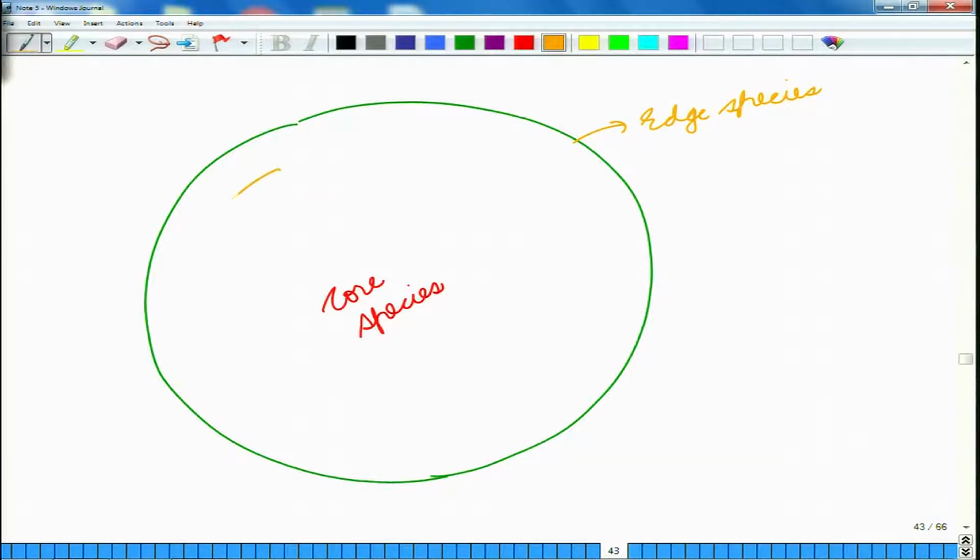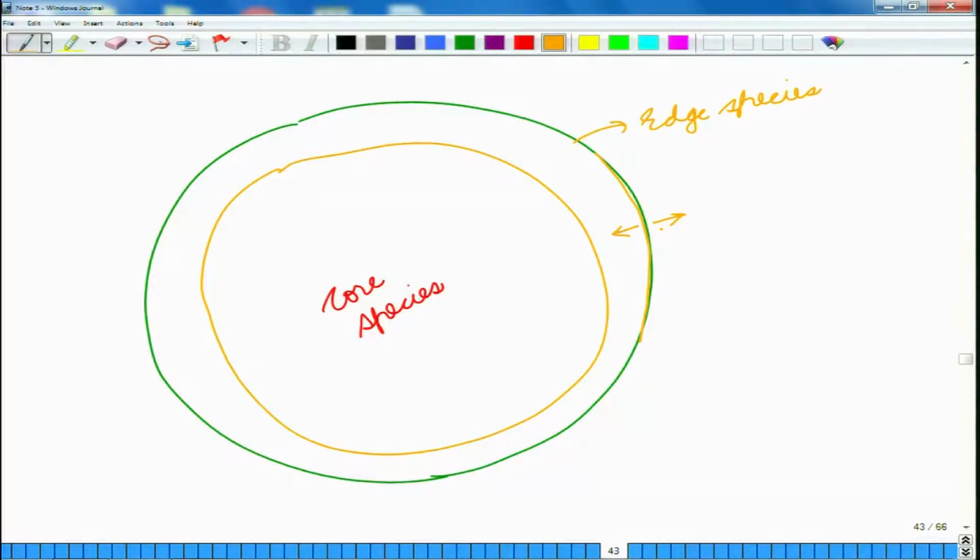A tiger would prefer those areas in which there is hardly any human disturbance, where there is hardly any amount of edge. So, it would remain in the center, whereas leopard is an edge species. It would move in these areas so that it can utilize the forest areas, and it can also go out into the human habitated areas to catch a stray dog.